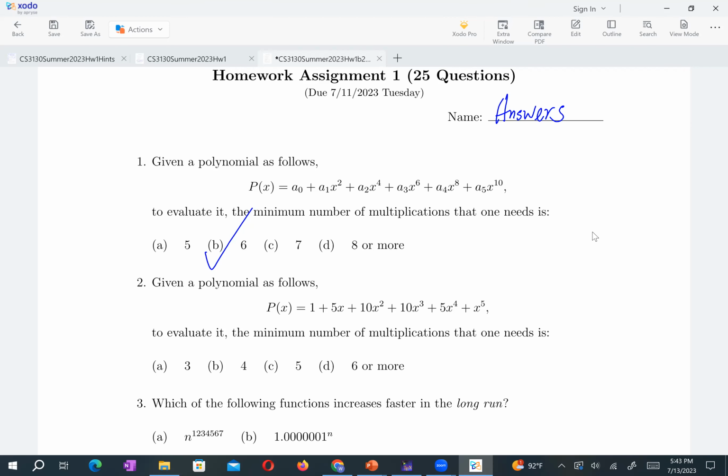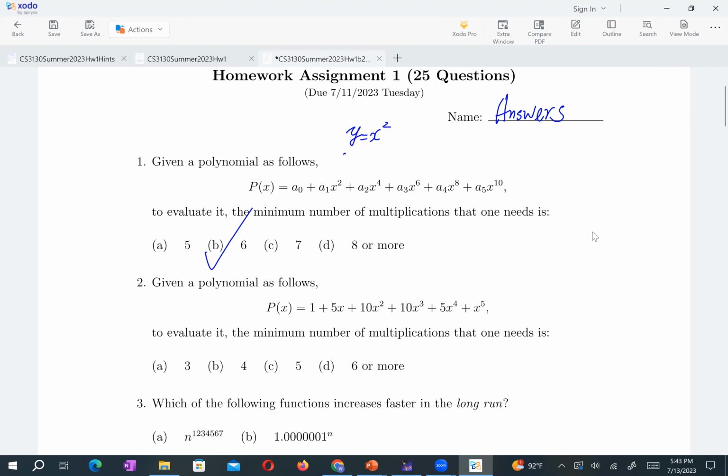Then how to handle that? Here I just give you the general idea. We can use another variable, for example, variable y equal to x squared, because in this way, we can simplify the structure a little bit.